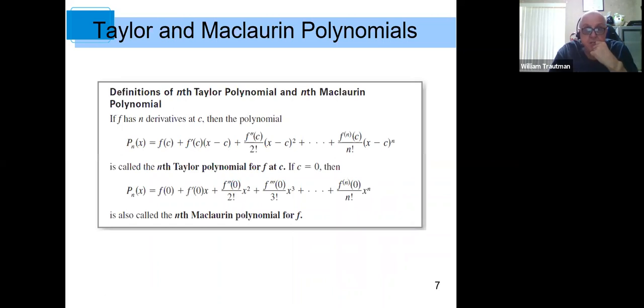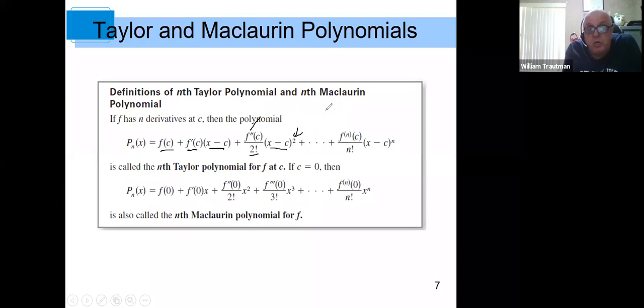So Taylor series, this is the formula we want to write down. If f has n derivatives at c, then the polynomial is f of c, the derivative, here's the derivative with c plugged in, times x minus c. The second derivative at c over 2 factorial with a power of 2, and so on. Then the next term would be the third derivative at c over 3 factorial, times x minus c to the third power.